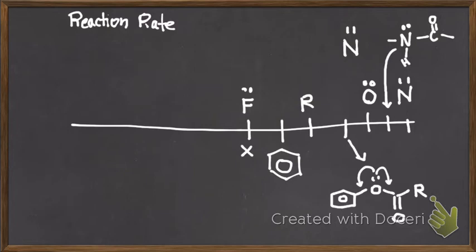Okay, so in general, all the activating substituents are ortho-para directing. Okay, that's in general, and the exception for ortho-para directing is that fluorine, even though it's a deactivator, is ortho-para directing, or chlorine or bromine.